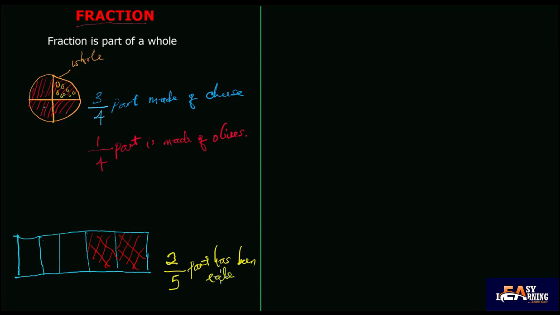And then we could look at it this other way. Maybe the question could ask what fraction has not been eaten. Remember the total is 5, and the parts that have not been eaten are 1, 2, 3. So the fraction is 3 over 5. 3 over 5 parts has not been eaten.